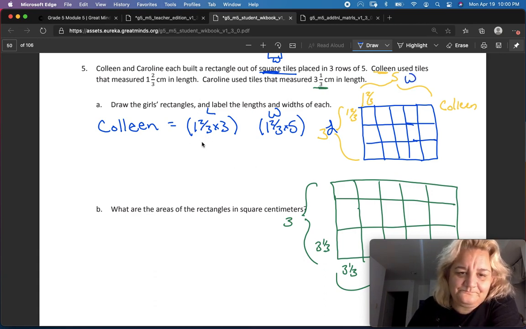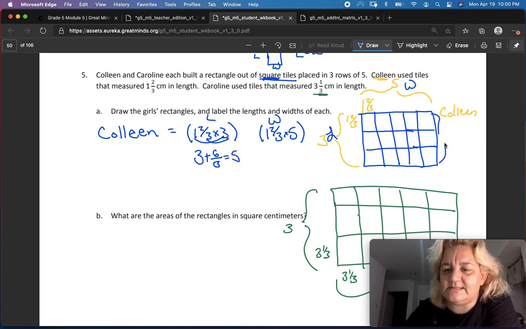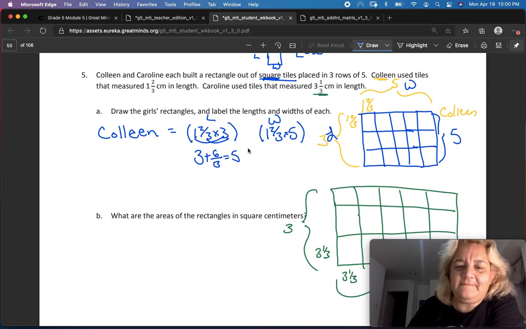So, distributive property here. 1 times 3 is 3. And 2/3 times 3 is 6/3, which actually equals 2, which equals 5. So her length, or this side, is worth 5.